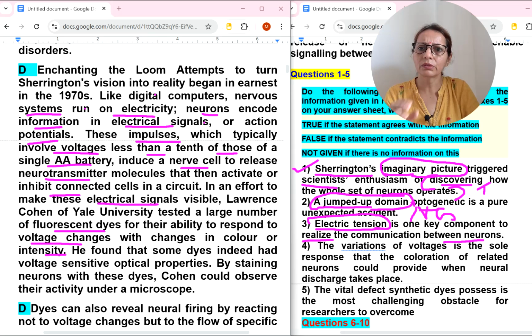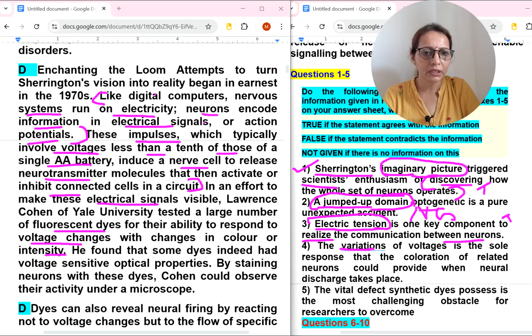These impulses, from here to here, nerve cells release neurotransmitter molecules that can activate. So I can understand that this is true, because from here to here you can read it thoroughly. From here I can make out that they are telling true. So it is the key component. Like digital computers, they have given an example with that also, so that is true.